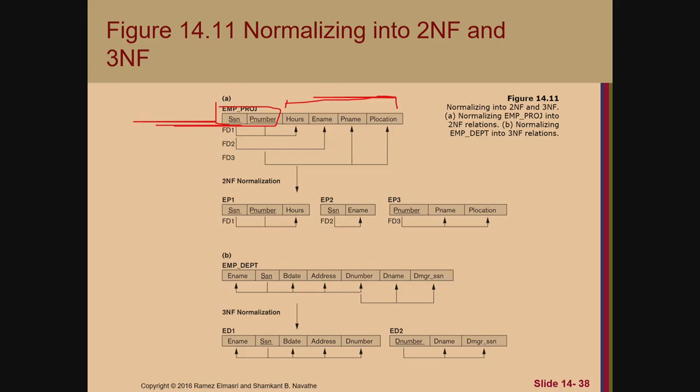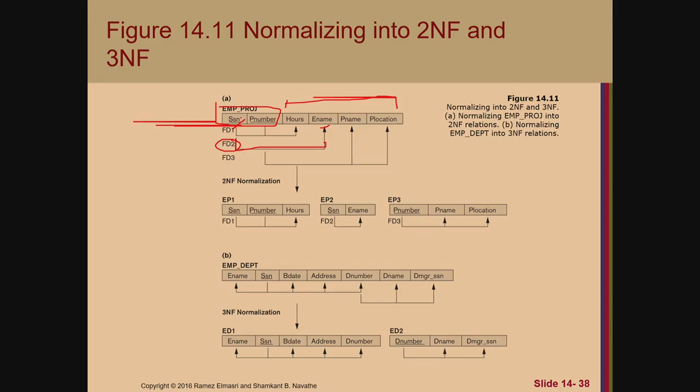So here the second one, this functional dependency, ename is determined by SSN only, right? As you can see, this arrow, just SSN is enough to determine ename. So ename is just partially dependent on the primary key.